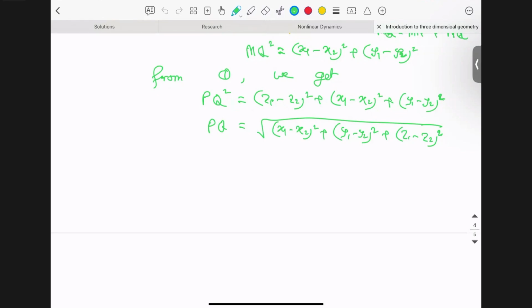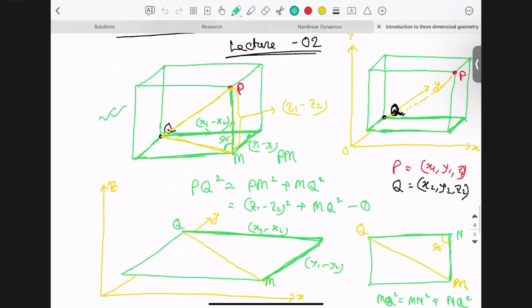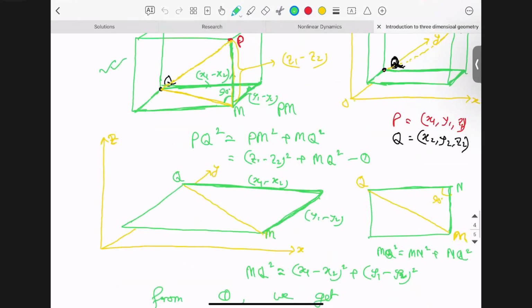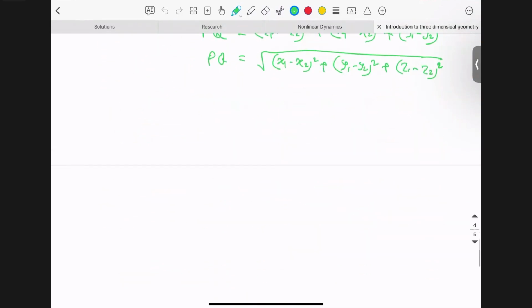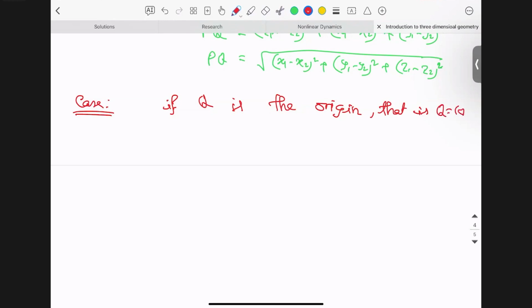Now, the next question comes that I have discussed about, the point when the point Q is there. Now, if I place this Q as origin, where x2, y2, z2 is, this is a case. Let's make Q the origin, that is 0, 0, 0.